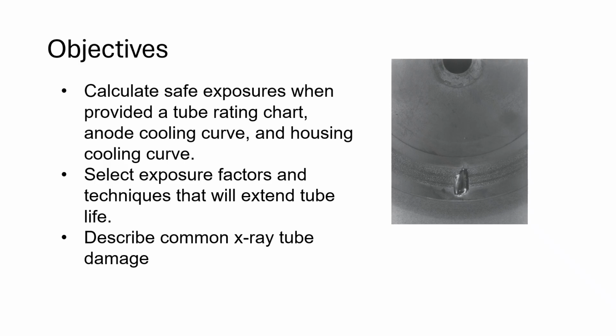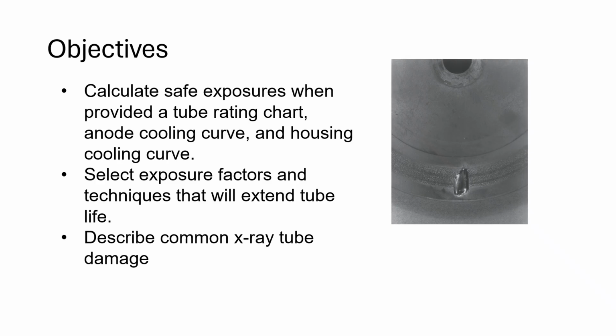And the point of a tube rating chart is to determine whether a particular exposure is going to exceed the maximum heat capacity for a tube. And then you have to interpret an anode cooling chart the way they did it back in the 70s and 80s. And that would be to determine how much time you have to wait before it's safe to make another exposure.